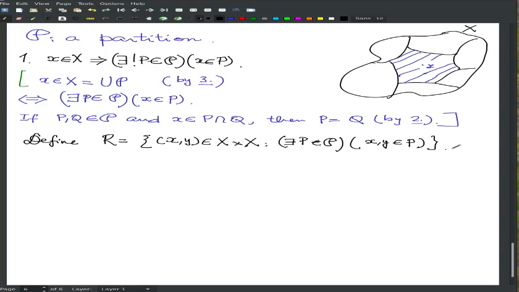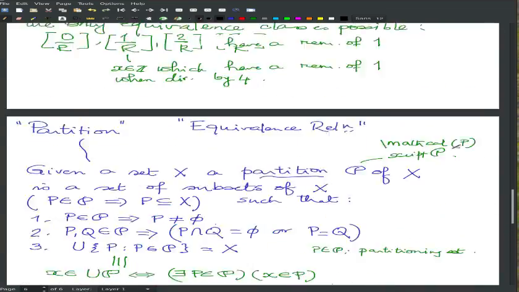Why? How did I come up with this R? Come back.